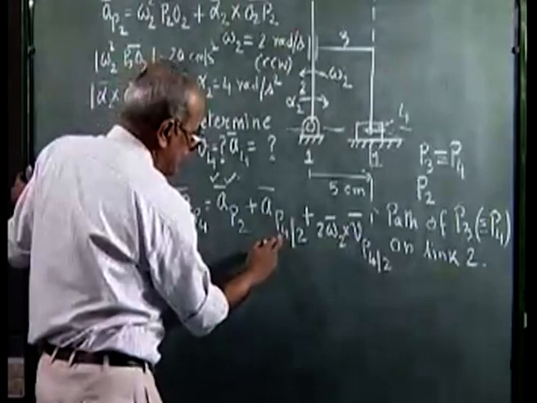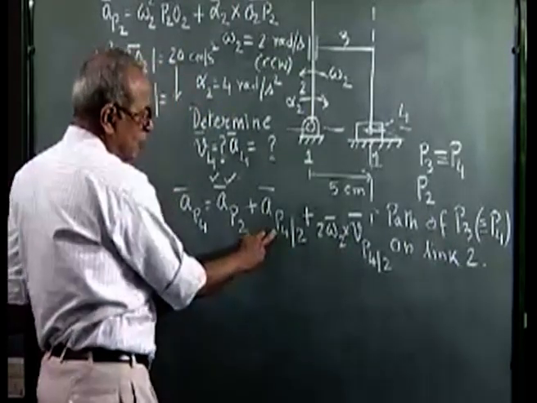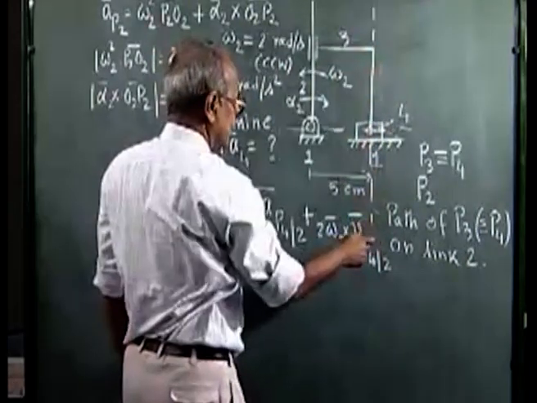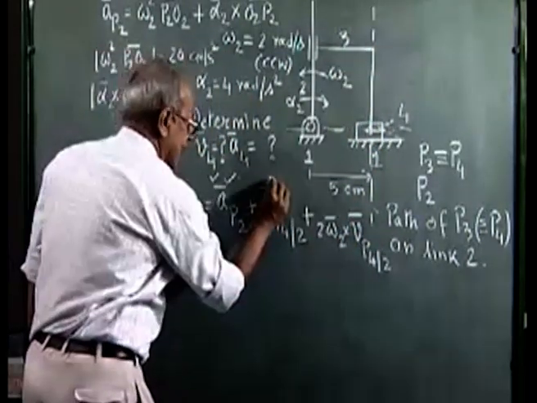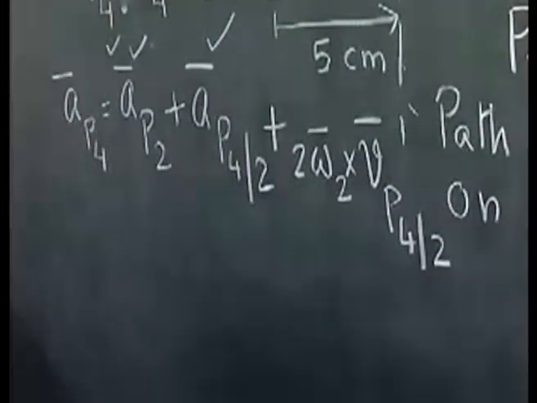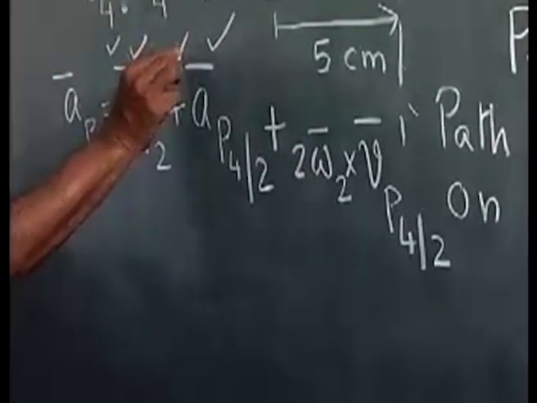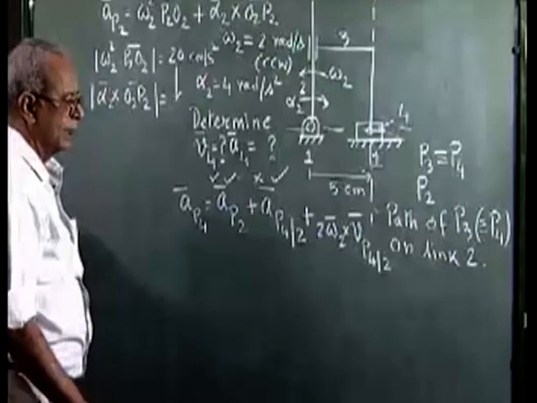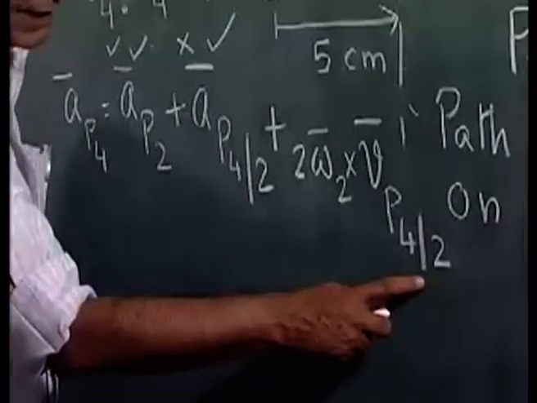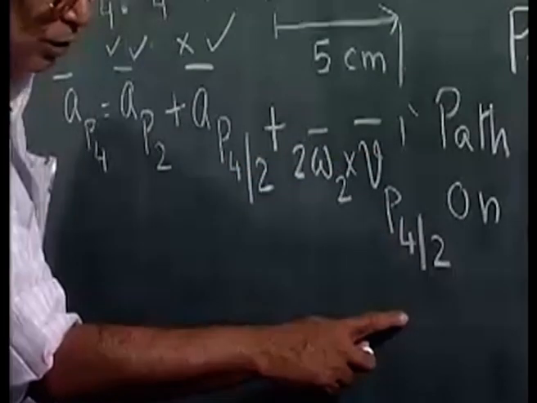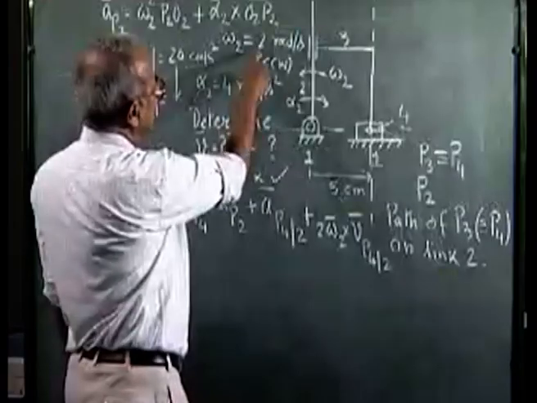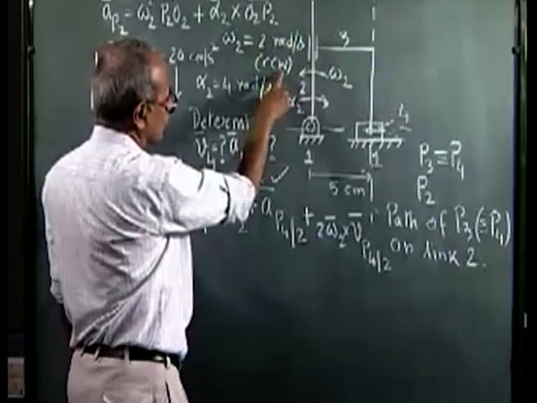How about AP42? The path of P4 on body 2, as we have seen, is this vertical line. So the direction of this vector is completely known. This is along a vertical line, but the magnitude is unknown. We have already determined Vp42 as 10 centimeter per second in the downward direction, and omega 2 is given to be 2 radians per second in the counterclockwise direction.